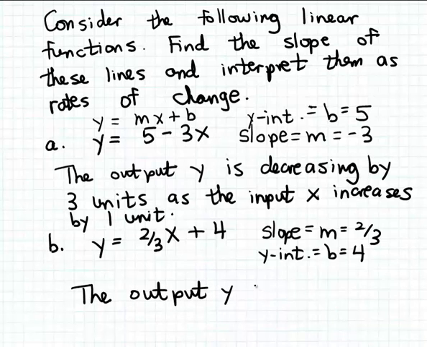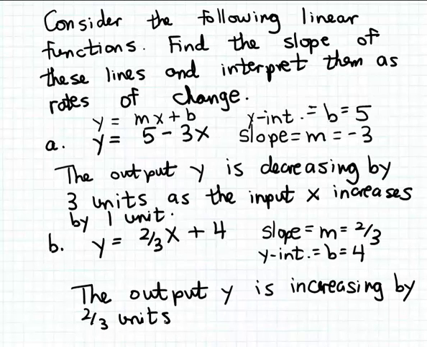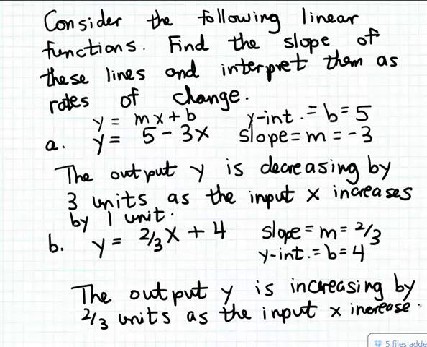So the output y is changing by 2/3 units, or since this is a positive slope, that means that the output y is increasing by 2/3 units, again, as the input x increases by 1 unit.